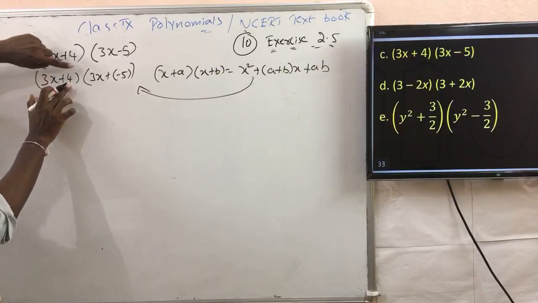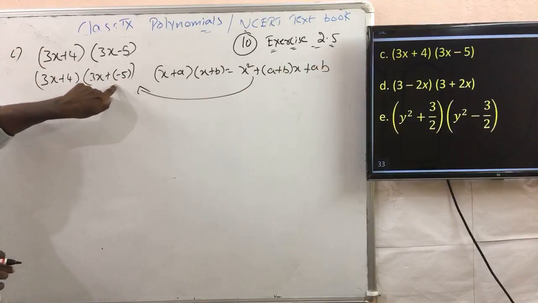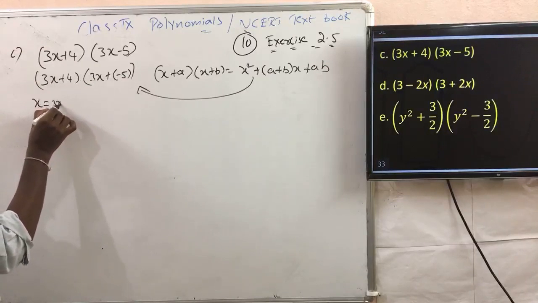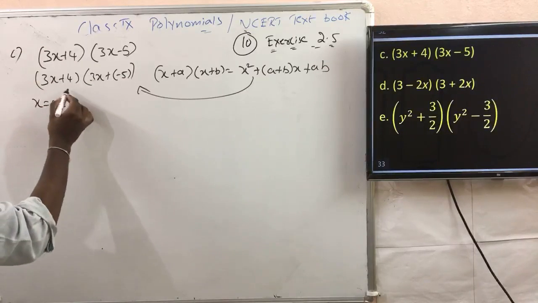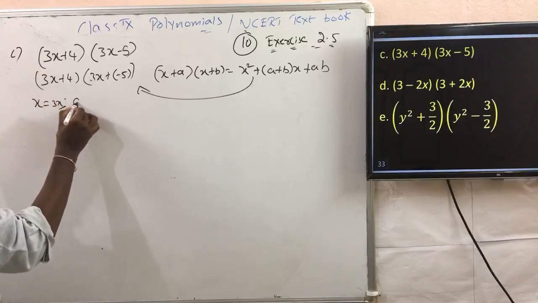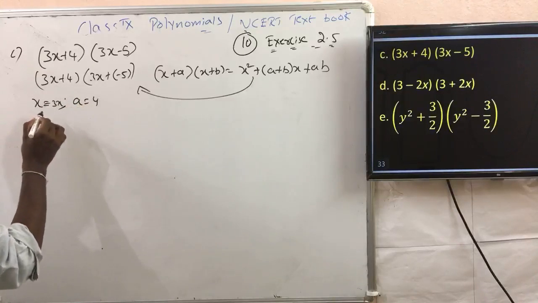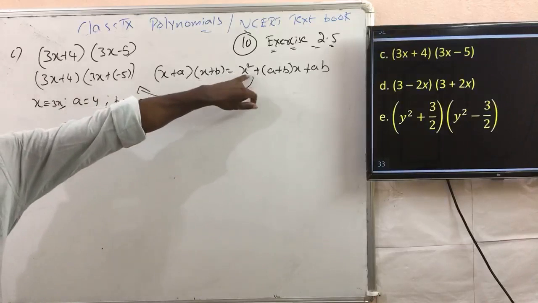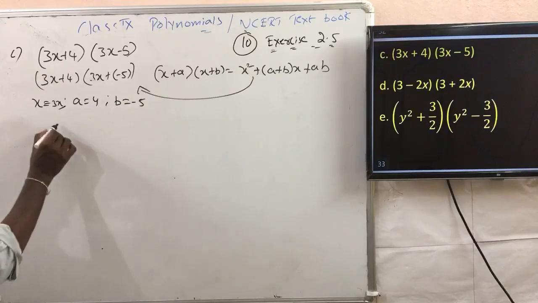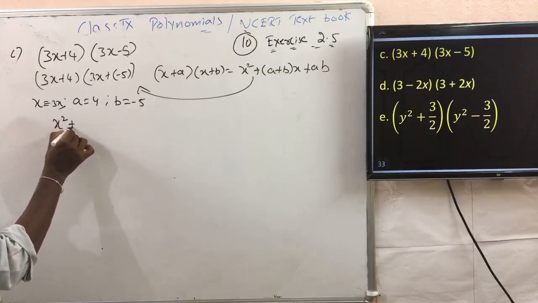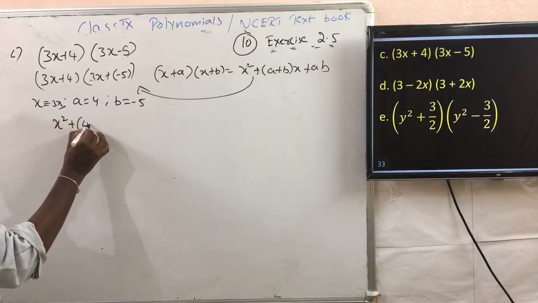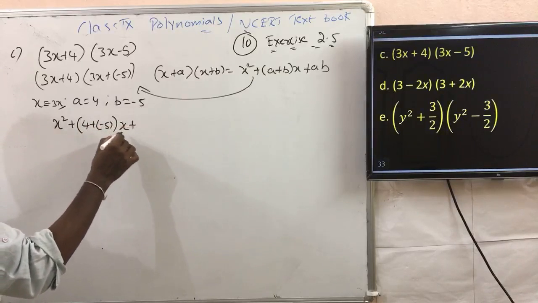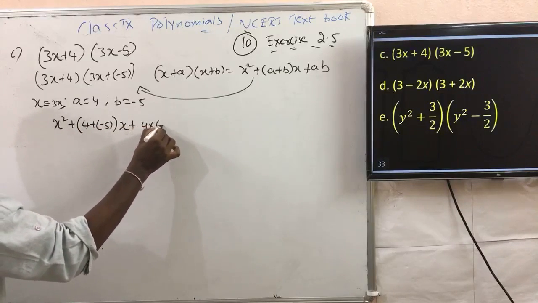x plus a into x plus b. Here x also changed. In the place of x we have 3x, in the place of a we have 4, and in the place of b we have minus 5. Now substitute in this identity: x square plus a plus b, that means 4 plus of minus 5, into x plus ab, 4 into minus 5.